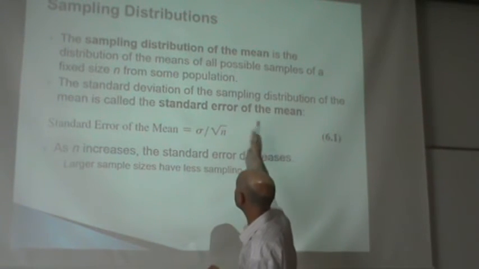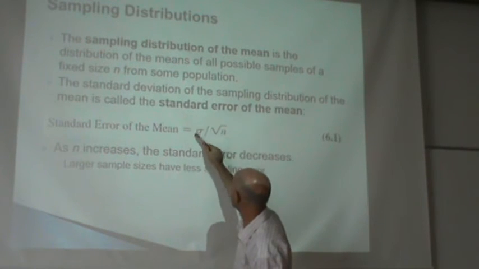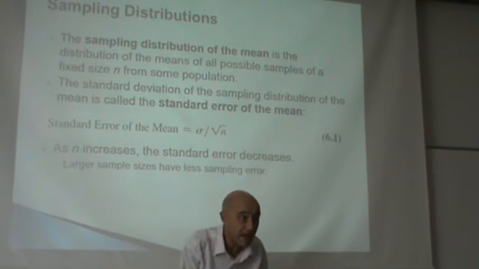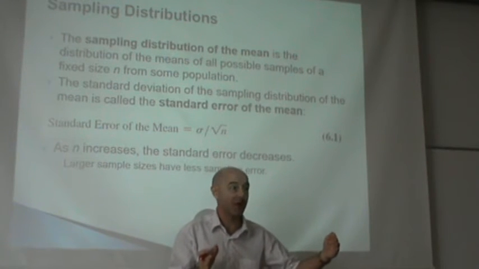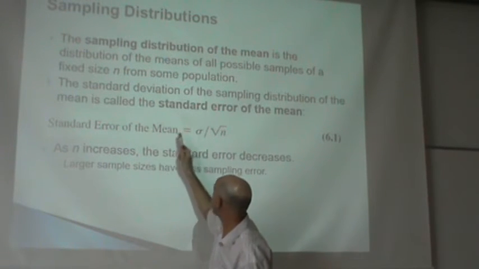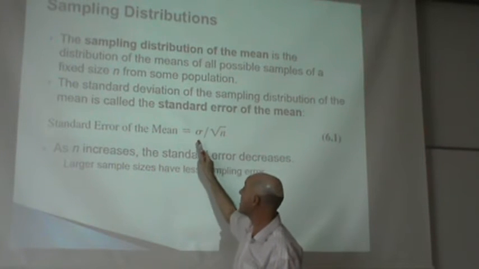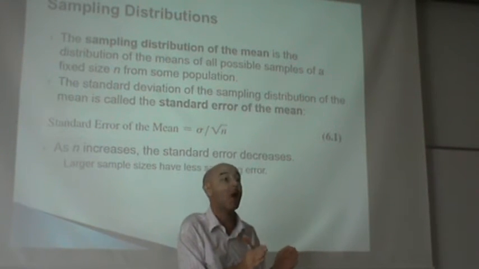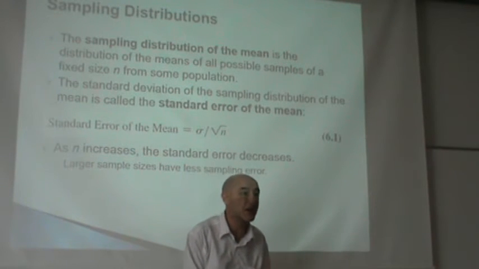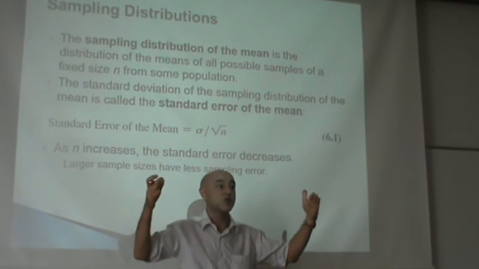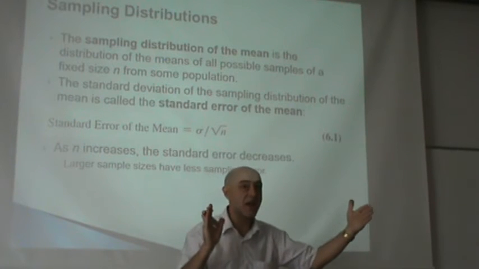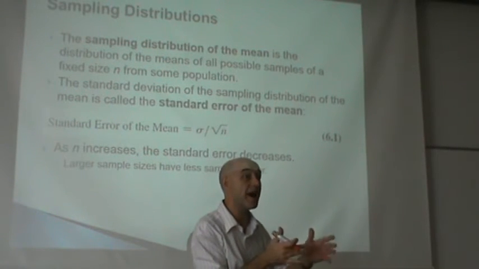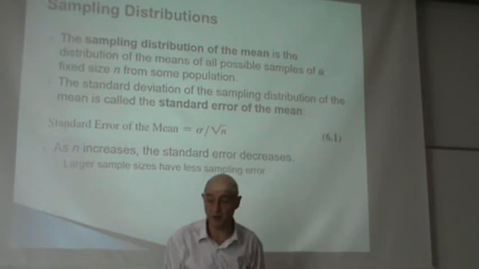And the standard error is sigma divided by the square root of n. As n increases, because it's in the denominator, the standard error of the mean decreases, gets smaller and smaller. If you increase the sample 100 times, your standard error will shrink about 10 times or so. About, not necessarily exactly.